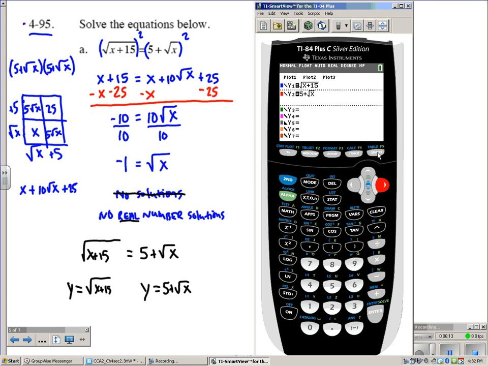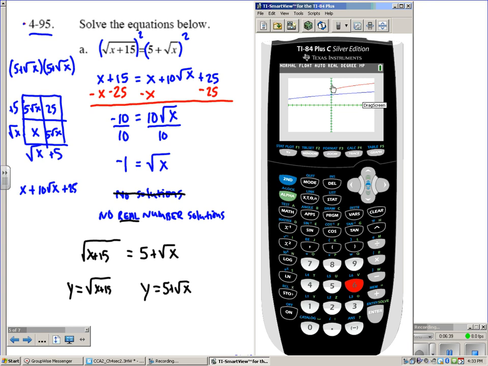And let's take a peek at the graph. Now I'm not in my standard window here, so it's kind of hard to see them, but remember, if you're outside of that, you could just do your zoom 6 to go to your standard window. Here is our y equals the square root of x plus 15, and here is our y equals 5 plus the square root of x.